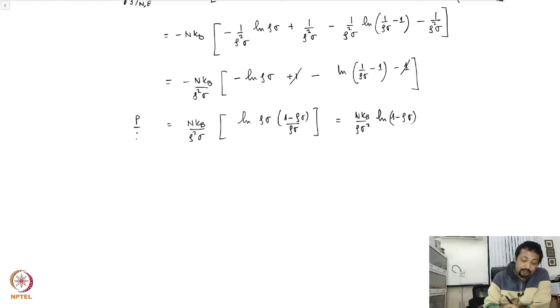And this is your equation of state. Well, sorry, this is not the equation of state. This one has del S del rho, n and E held constant.